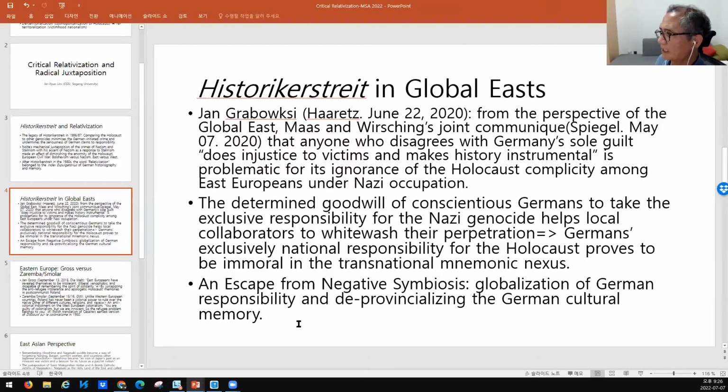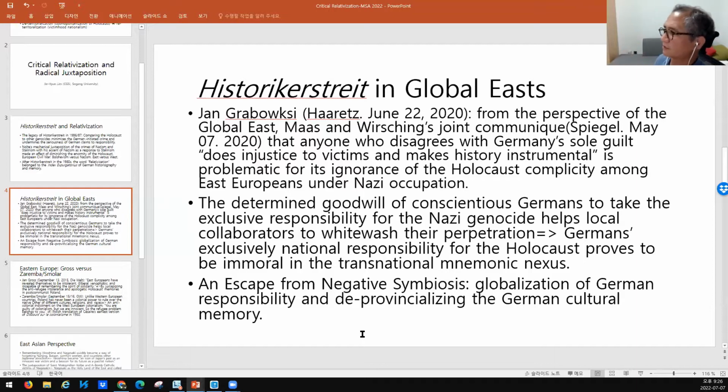Maas, the German foreign minister at the time, and Wirsching, one of the best-known contemporary historians in Germany, made a joint communique saying that anyone who disagrees with the German sole guilt does an injustice to victims and makes history instrumental.